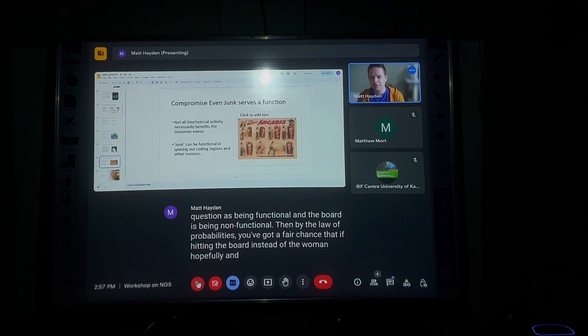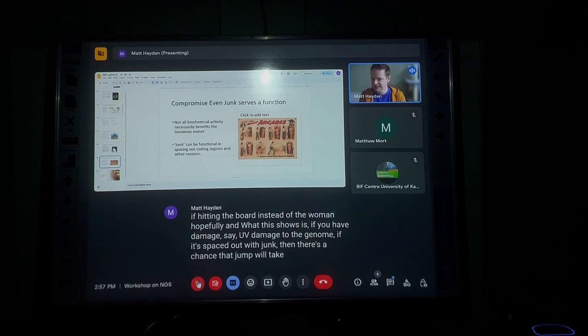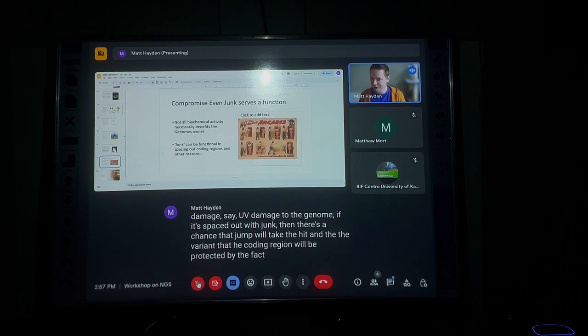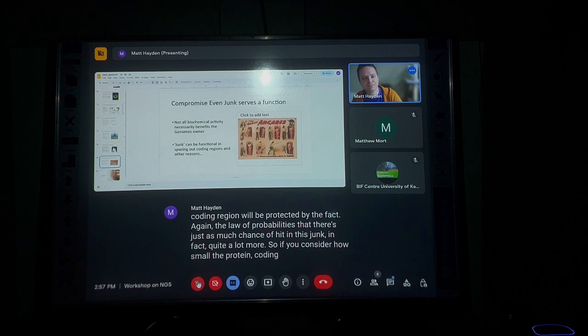And what this shows is if you have damage, say UV damage to the genome, if it's spaced out with junk, then there's a chance that that junk will take the hit, and the vital coding region will be protected by the fact, again, a lot of probabilities, that there's just as much chance of hitting this junk. In fact, quite a lot more so if you consider how small the protein coding regions are.